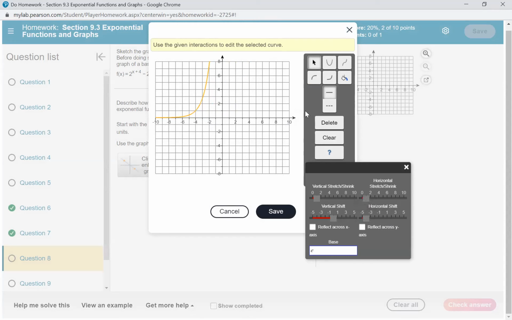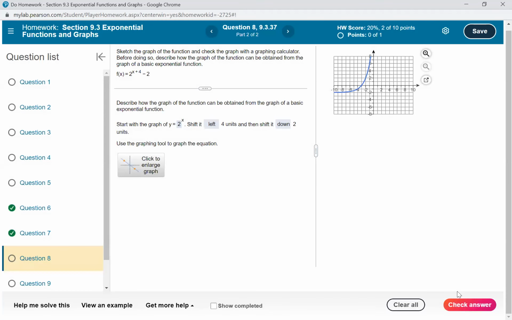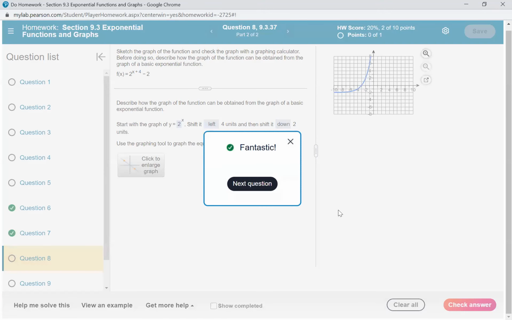I can't see it. Was it 2? We went down. So vertical will go to -2. And then remember, I got to do one more thing, right? Get a base of 2. I got to put that base of 2 in there. Good job. All right, so once I do that, I can actually save it and check my answer.